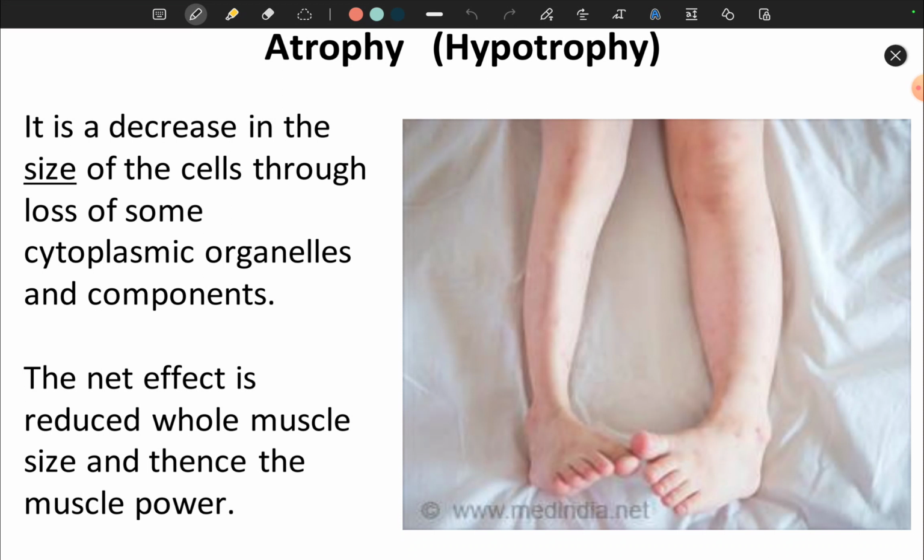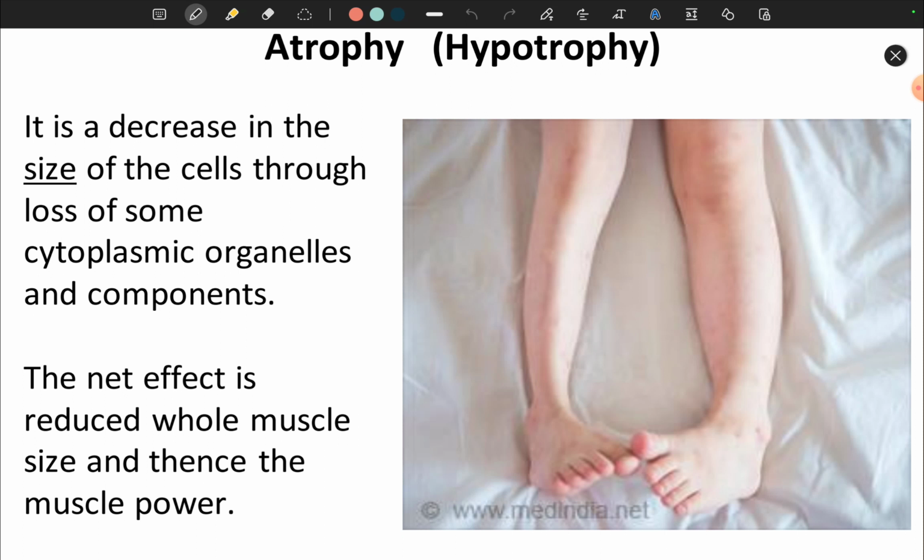So the net result is a reduction in the size of the cell. As a result, when the majority of the cells lose their size, what do you expect to happen to the muscle? The size of the muscle, as a result, decreases.